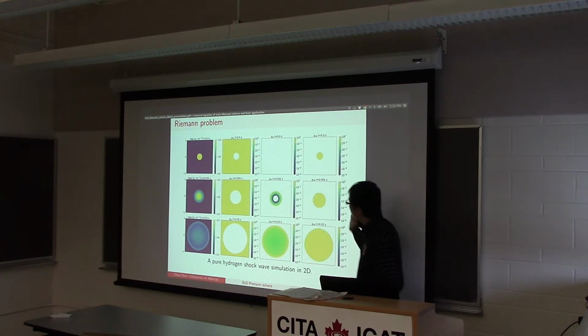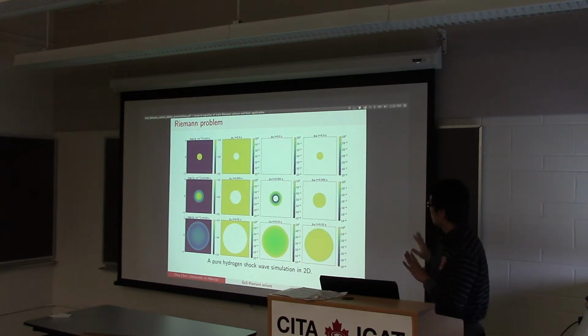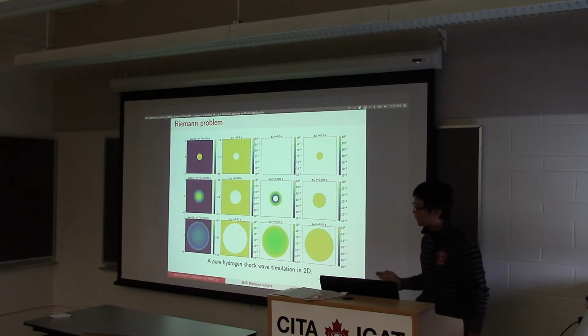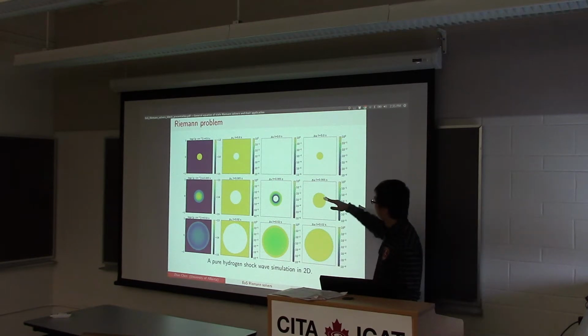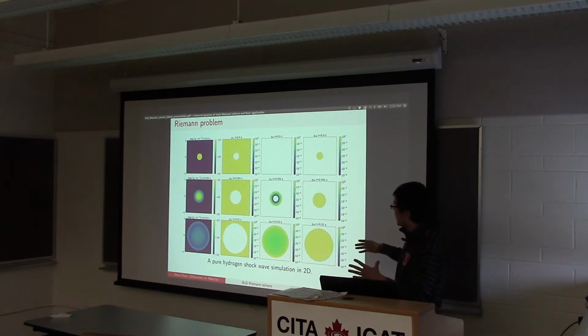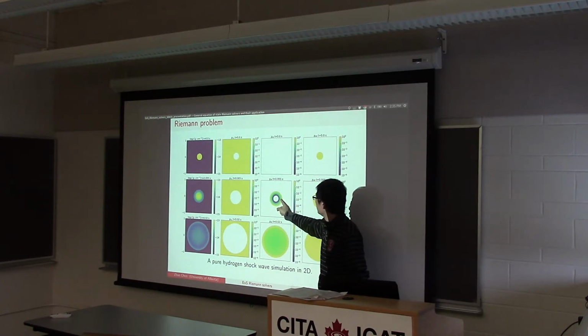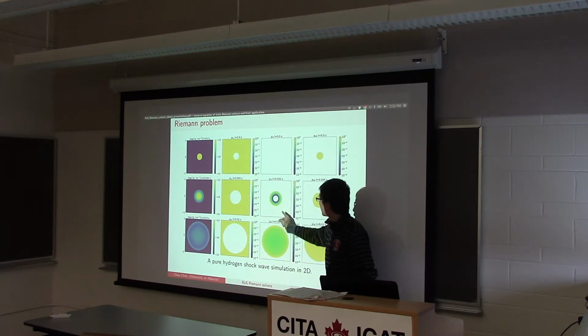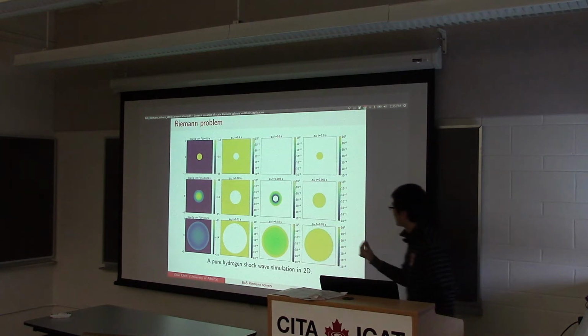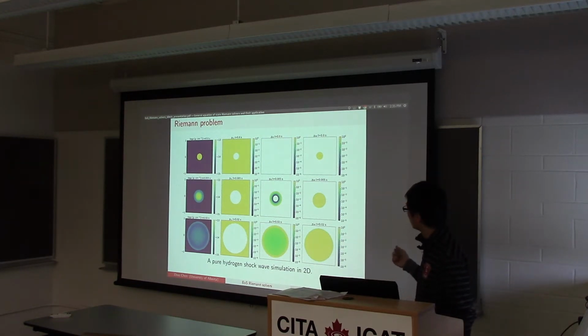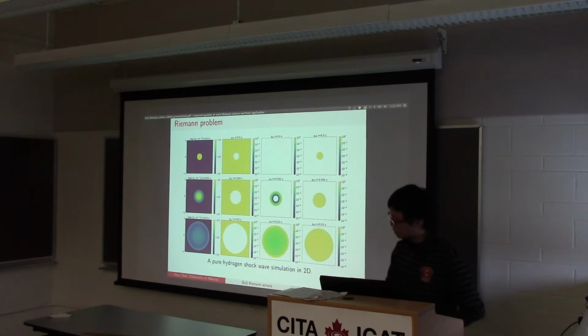The center is yellow, which means that it's fully ionized. But the surrounding has no ionized hydrogen because it's low temperature. And as the fireball expands, the atomic hydrogen appears. But the cooling wave is traveling inward. At this time, it hasn't come to the inside. But gradually it will recombine, and the atomic phase shows up.